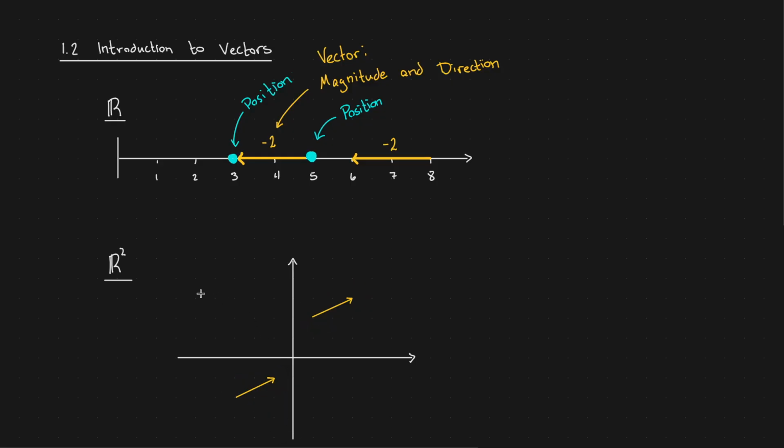A vector doesn't have a position, it has a direction and a magnitude. So there are lots of ways I can draw the same vector. I can draw them in lots of different places. All of these vectors have the same magnitude, the same length, and they are pointing the same direction, so they are the same vector. A vector has magnitude and direction.